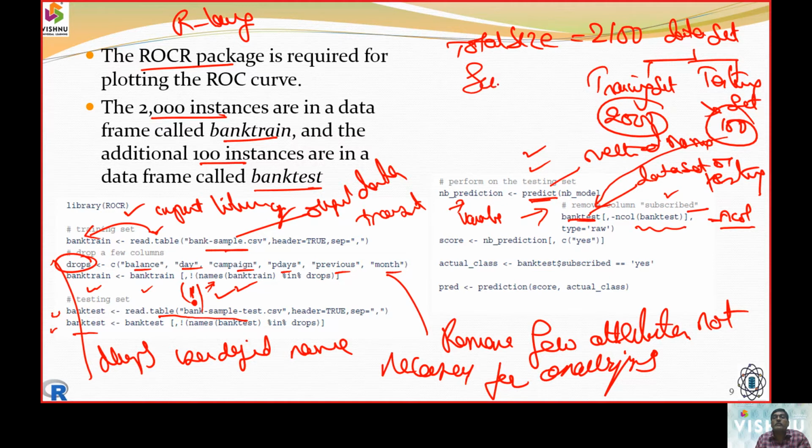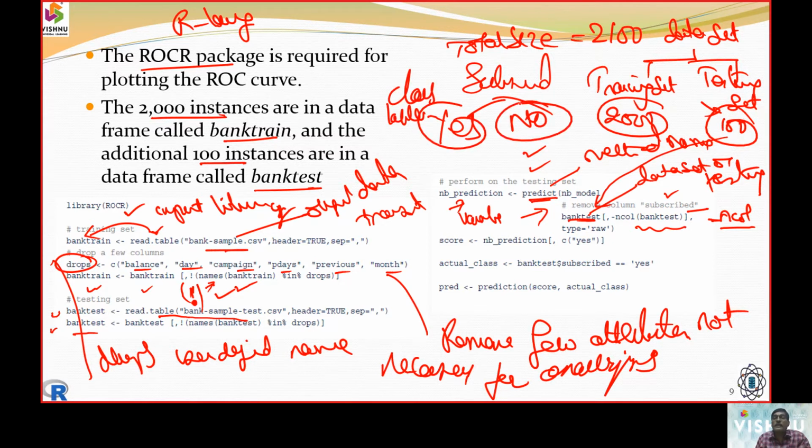In subscribe, there are two classes, yes class, no class. There are two class labels, one yes, another one is no, you need to go with it. So first of all, I want to understand how many yeses are there. Similarly, I want to check in reality, in the actual part.